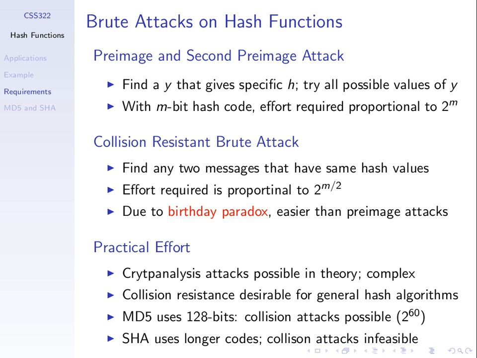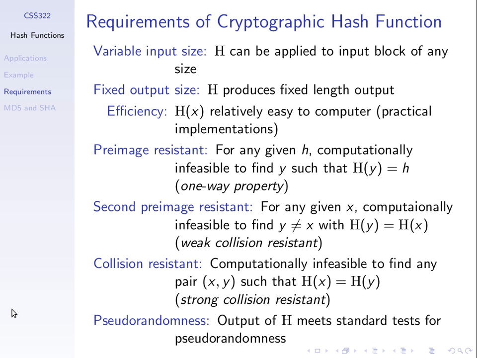The important thing is, remember what we said with these properties? Strong collision resistance is easier for the attacker than weak collision resistance. And from a brute force perspective, the attacker, in terms of the one-way property and weak collision resistance, is about the same.